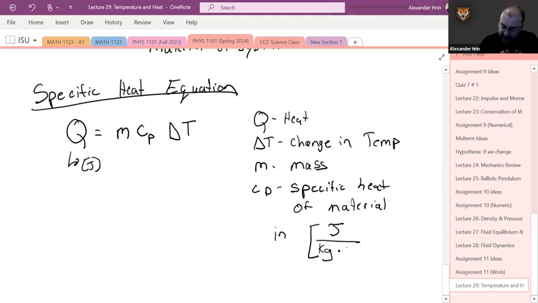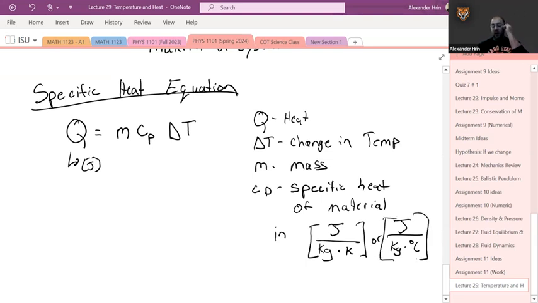And then it also needs to have a Kelvin, or it could also be, and this is more common to see, degrees Celsius down here. They are, in fact, the same thing because that temperature is a delta T. Okay. Strictly speaking, Kelvin is correct because Kelvin is the SI unit.